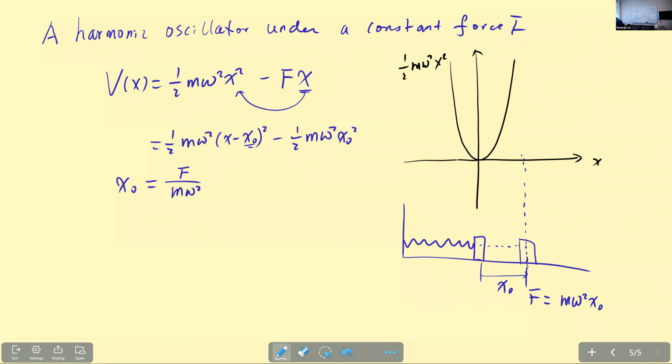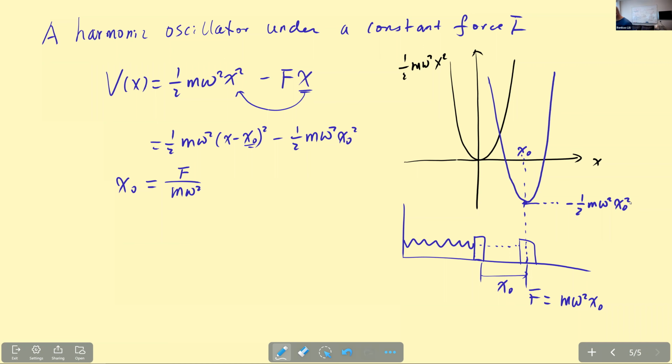And then the minimum energy will reduce a little bit, but the shape of this potential is unchanged. So this is x0, and this is minus 1 over 2 m omega squared x0 squared, the reduction of the energy.